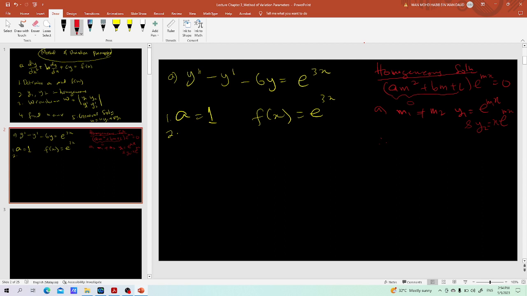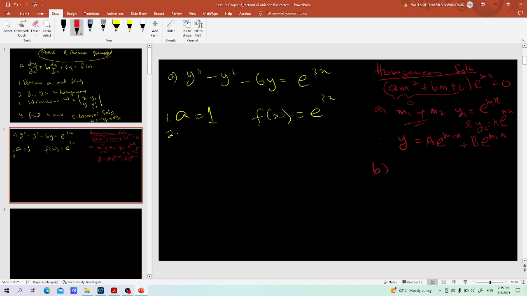The general solution for this case is y equals a e m1 x plus b e m2 x.